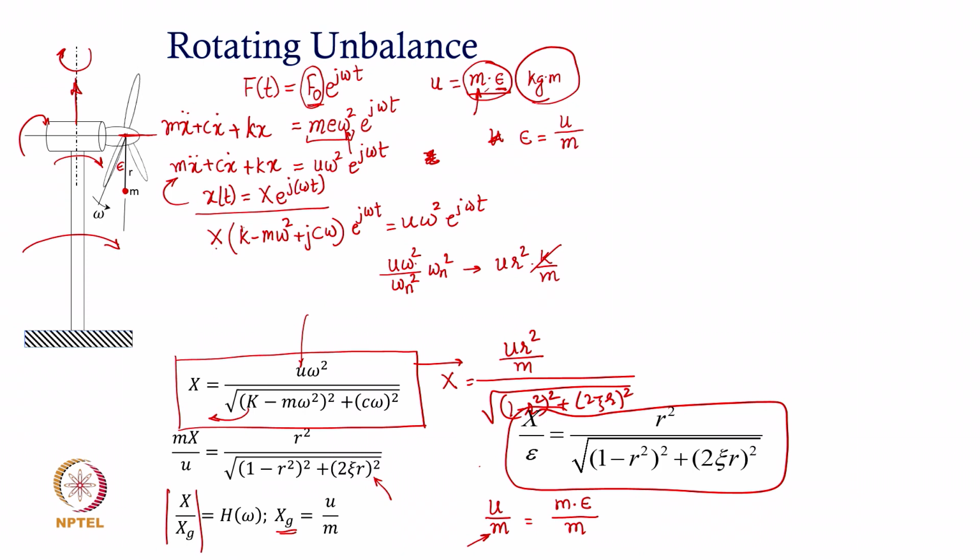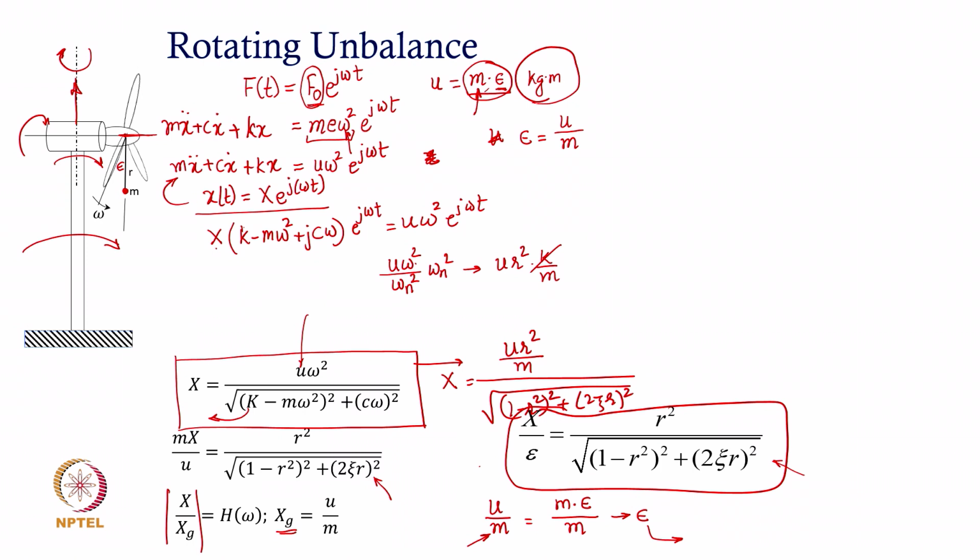So, if you do that, this u over m is essentially the unbalanced eccentricity. Okay. So, x over epsilon is equal to this expression, provided that you are talking about this epsilon as the one which you obtain by offsetting the entire mass of the rotor from the rotational axis.